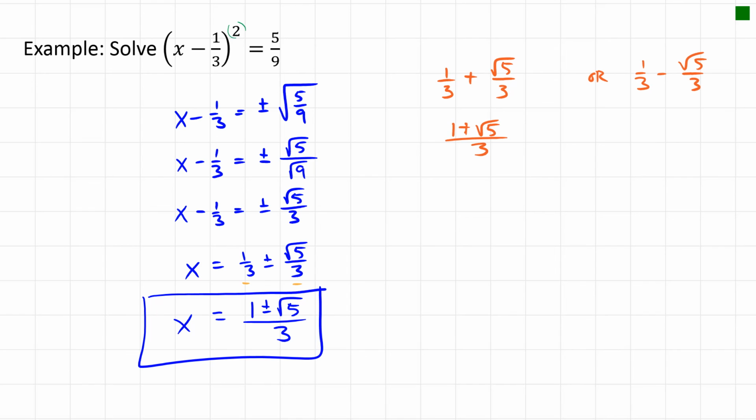And in the second example, these two fractions have a common denominator, so I can just subtract the numerators and write them over the common denominator. So you can see that whether it's plus or negative, you can do that combination of 1 plus or minus root 5, all of which is over 3. But it was really important that those two pieces had a common denominator to be able to do that.